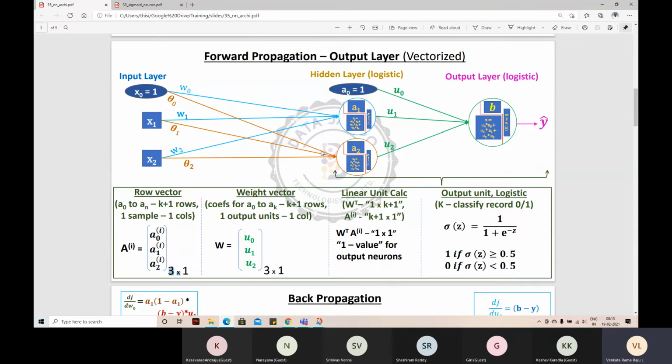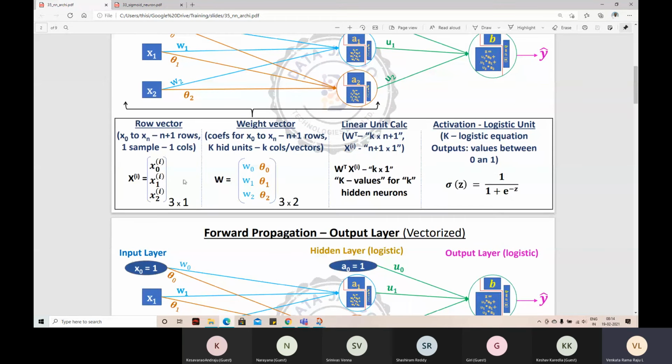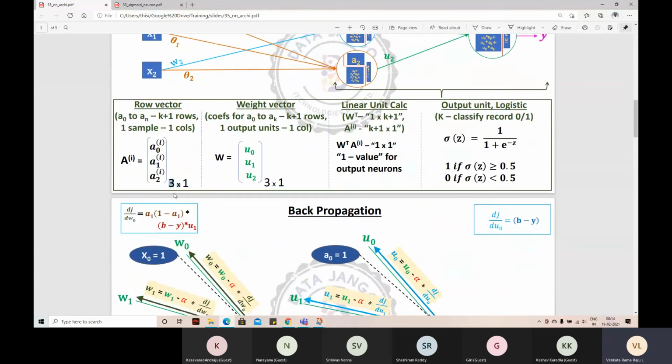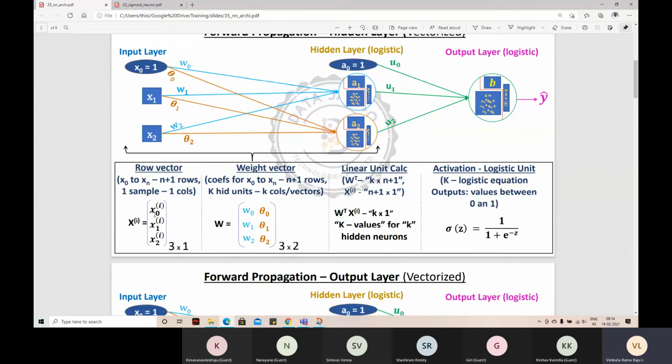Yes. Okay. The next point you need to understand is that if I pass one record, I get one column vector, right? If I pass two records, I'll get two here. If I pass two, x01, x11, x21, and x02, x12, x22, that's going to be a 3 by 2 matrix, right?